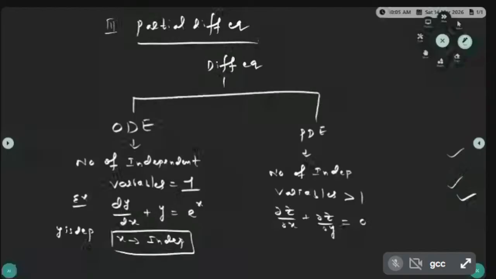Z is dependent. What are the independent? X and Y are independent. Now please count how many independent variables it has. That is why it is a partial differential equation. Here it has only one independent variable. That is why it is an ordinary differential equation.